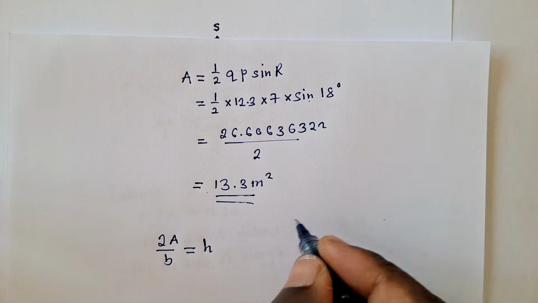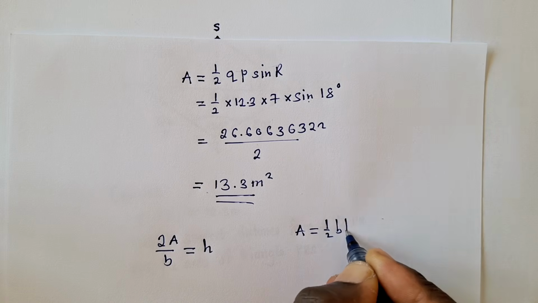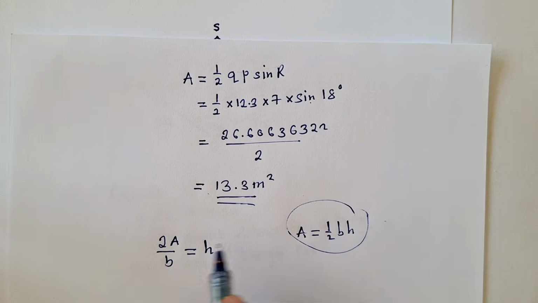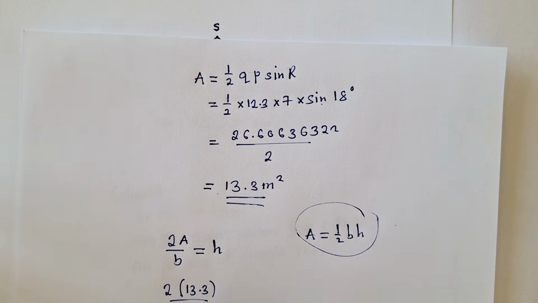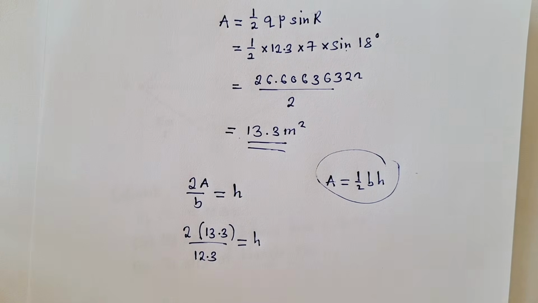So this is coming from the formula area is equal to 1 over 2 bh. You see this formula, that's where it's coming from. You just make h the subject. So here we shall say 2 open bracket 13.3 close over 12.3 is equal to h. So where is this 12.3 coming from?